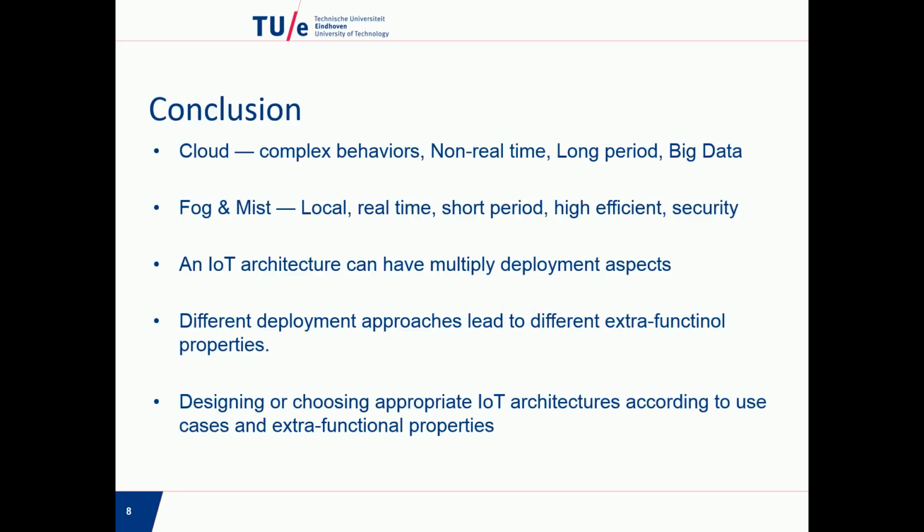So, when we want to design or choose appropriate IoT architectures for the IoT system, the most important thing is to consider the use cases of the IoT system and what kind of extra-functional properties the system will have.